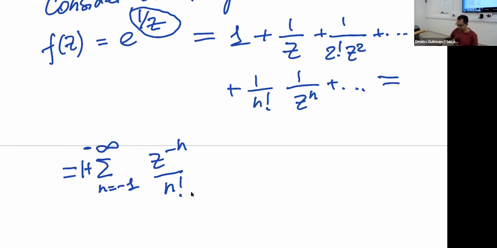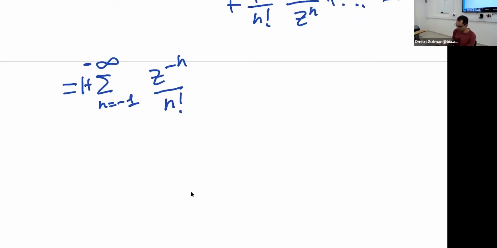Okay, so except the first term in this expansion, all other terms are coming with negative powers of z. So this Laurent expansion never ends, never stops. And this is what always happens in the vicinity of the essential singularity.